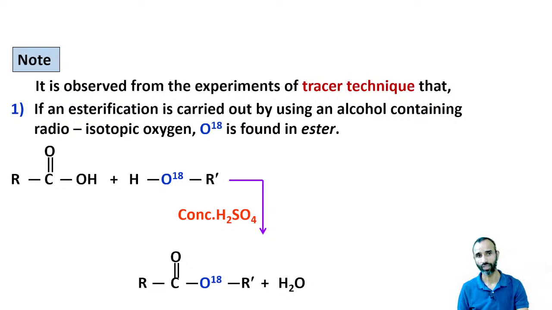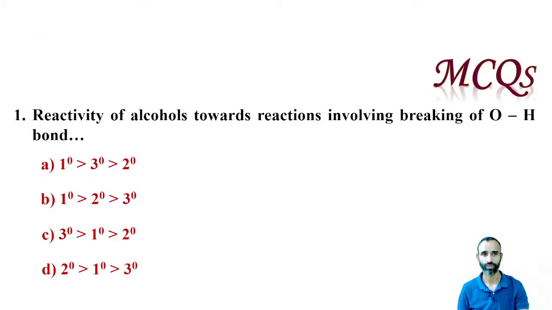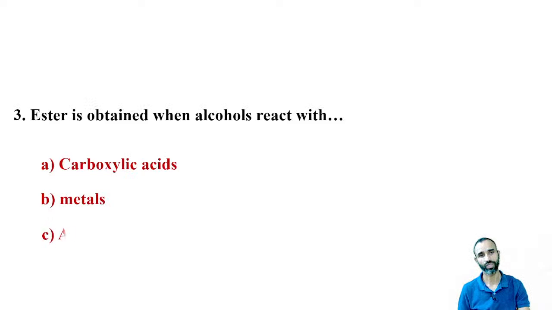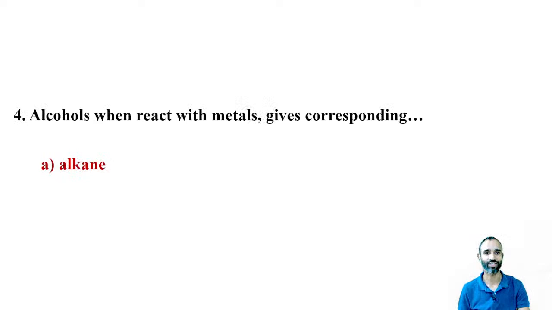That proves that hydrogen of alcohol and OH of acid is removed. Reactivity of alcohols towards reactions involving breaking of the O-H bond: esterification is a reversible process. Ester is obtained when alcohol reacts with carboxylic acid.